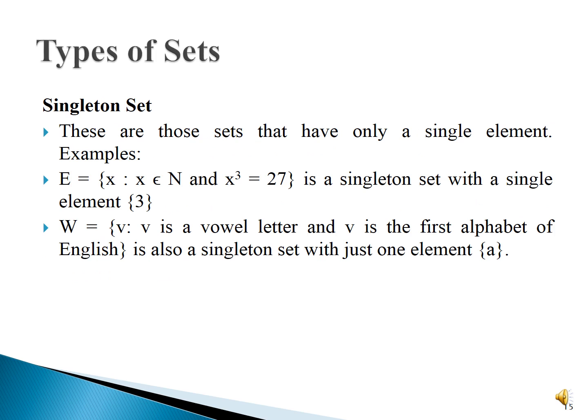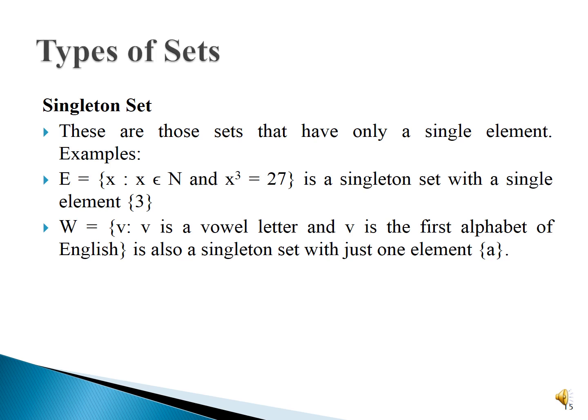Next is singleton set. These are those sets that have only a single element. We will see one example. E is a set written in set builder form, which contains an element X, where X belongs to N, and X raised to the power 3 is 27.